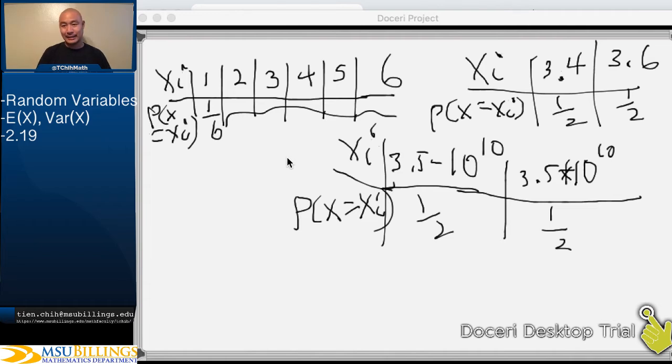And yeah, that's obviously also going to have average outcome 3.5, but now 10 to the 10th is, what is that, 10 billion? So it's 3.5 plus 10 billion and 3.5 minus 10 billion. So its outcomes are going to range pretty widely, right?